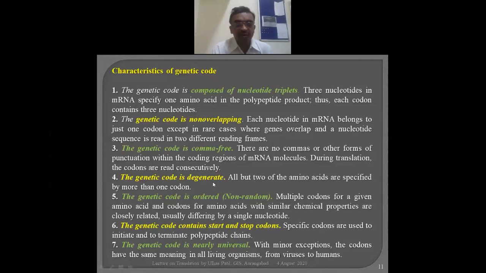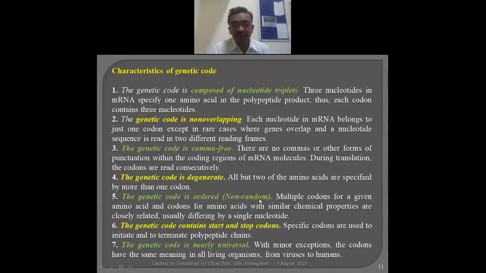Then the genetic code is degenerate, meaning amino acids are specified by more than one codon. We will elaborate this particular point by visualizing the chart. The next is that the genetic code is ordered. I explained this as the genetic code being non-random.